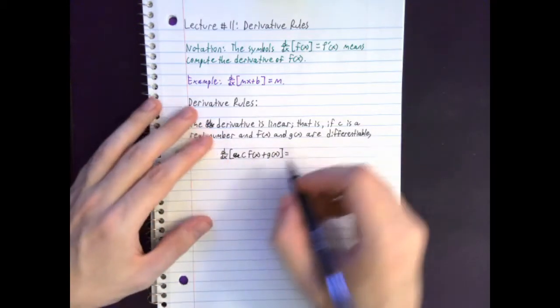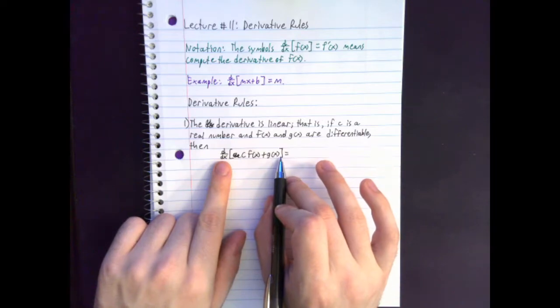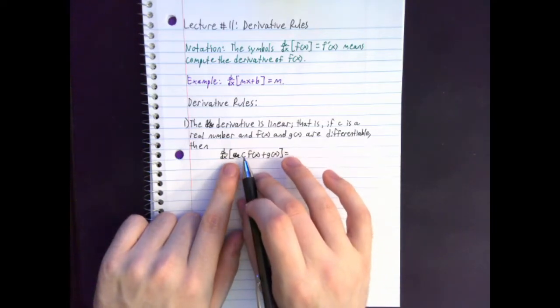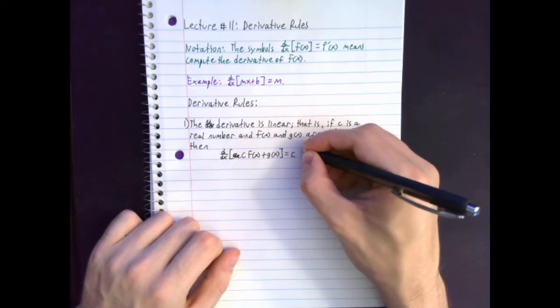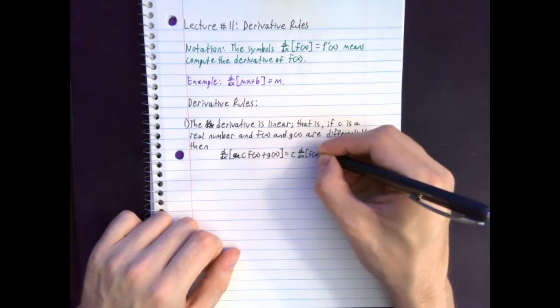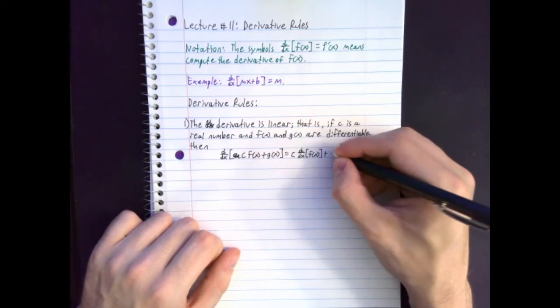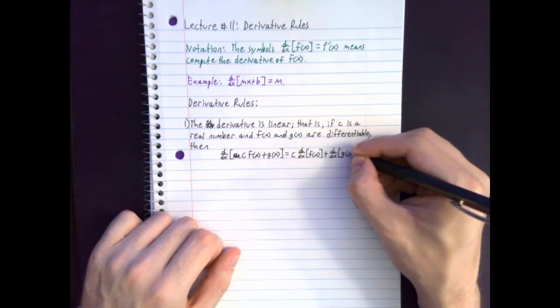The derivative of this thing, the derivative splits apart over the sum, and then the constant comes out front of the derivative operator. So this is equal to c times the derivative of f(x) plus the derivative of g(x).